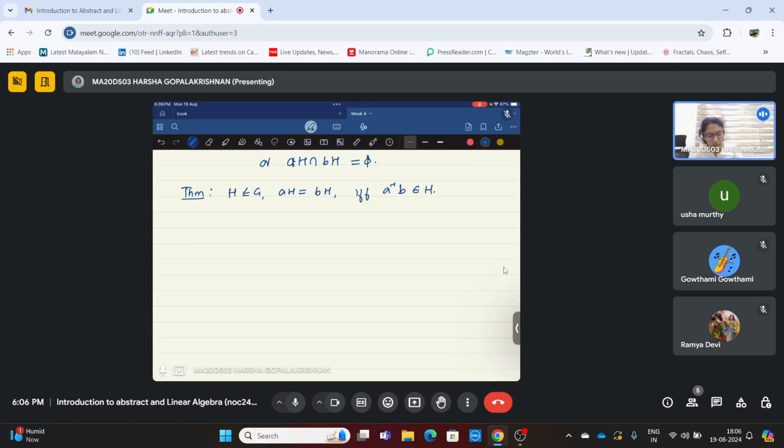Now, using this we can have an equivalence relation on the set of all cosets.